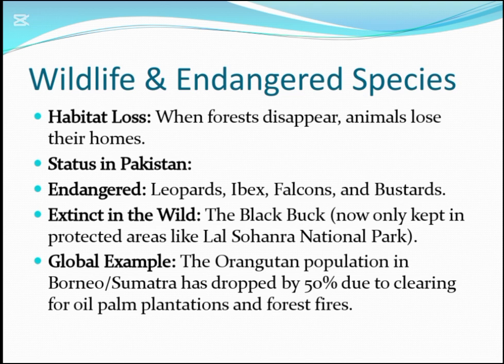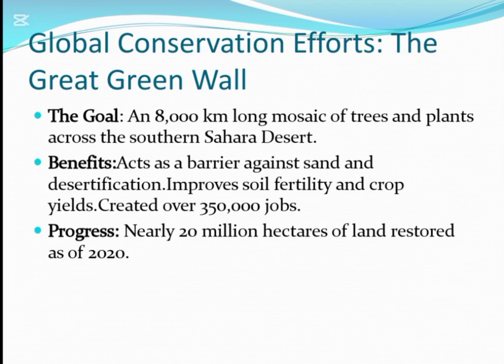We have 30 species of mammals and 20 species of birds that are endangered. For example, the blackbuck is now extinct in the wild in Pakistan. We can only find them in places like Lal Suhanra National Park, where experts are trying to breed them to save the species.